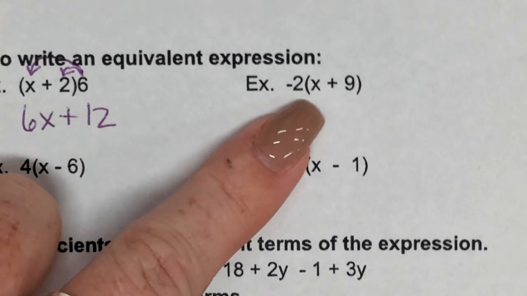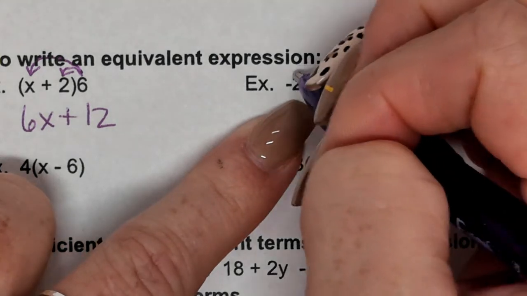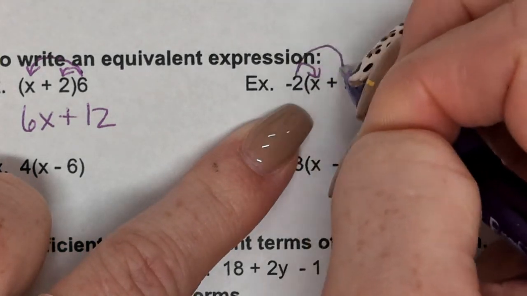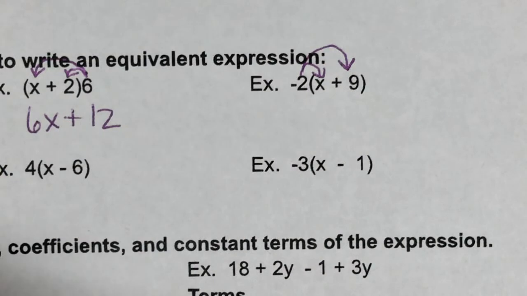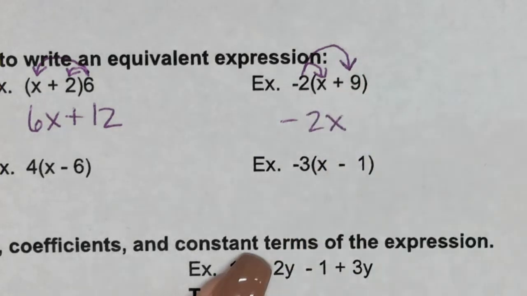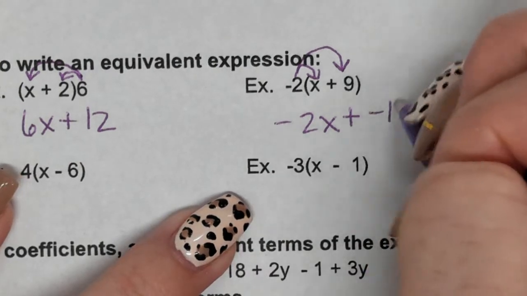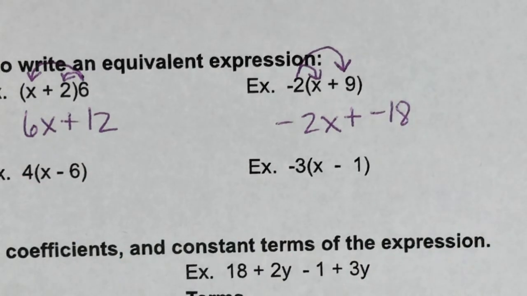Go to the next one. What am I distributing? So negative 2 goes to the x. Negative 2 goes to the 9. What is negative 2 times x? Plus... What is negative 2 times 9? All right, sounds like y'all are starting to really get it.